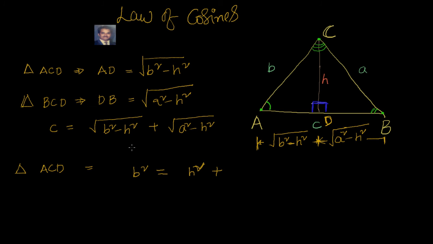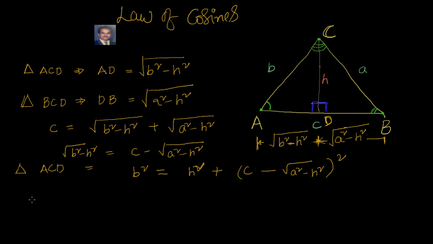Nothing but c minus this whole thing. So I can write here the square root of b square minus h square equal to c minus the square root of a square minus h square. So I can say this as it is, c minus the square root of a square minus h square, whole square. Now simplify this.